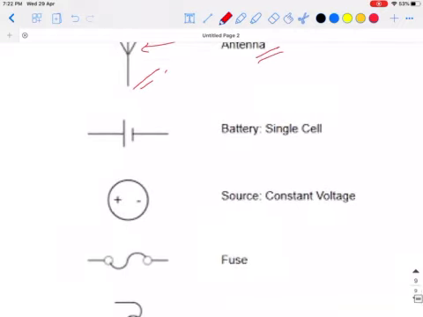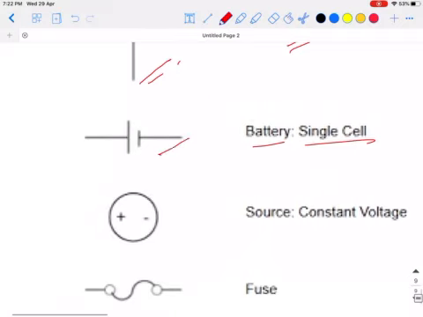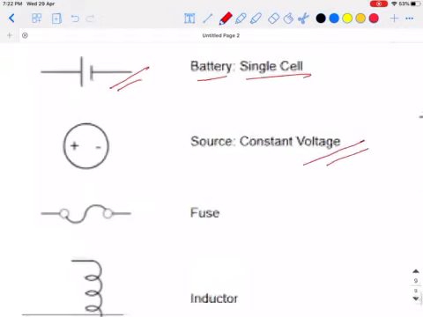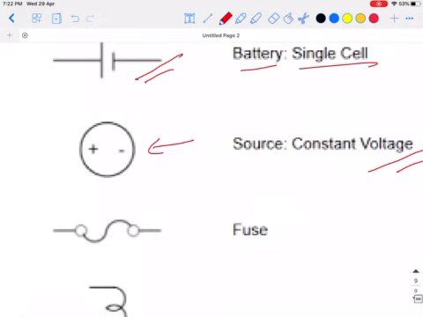The next symbol is for a battery, a single cell, as shown in this image. The next symbol is a source of constant voltage, which is represented by this symbol.